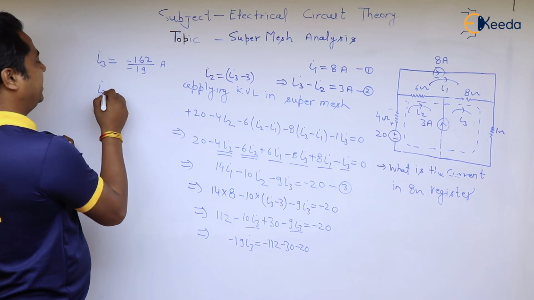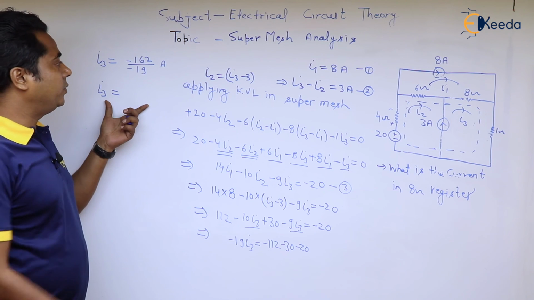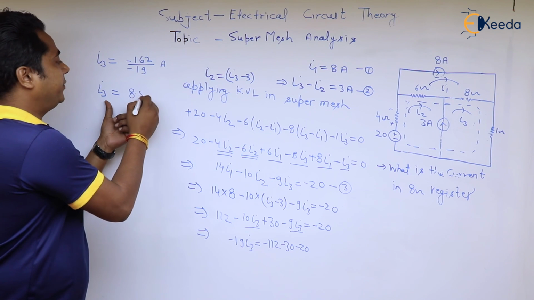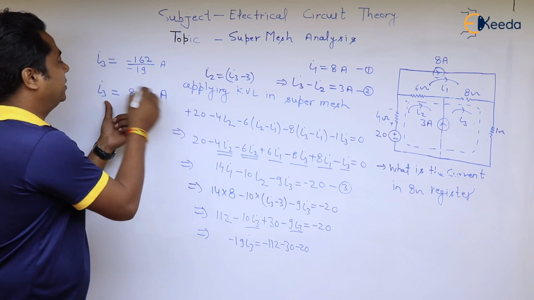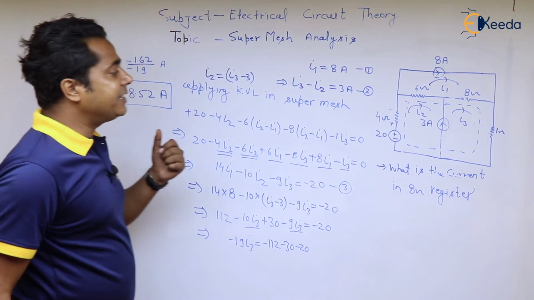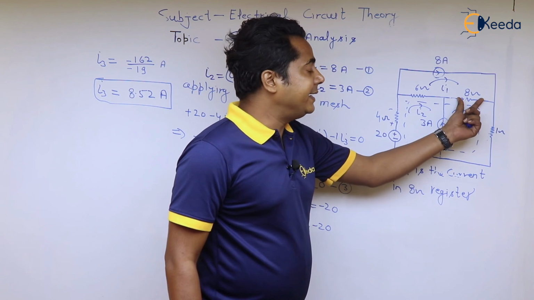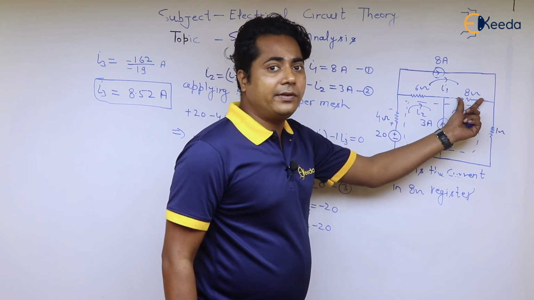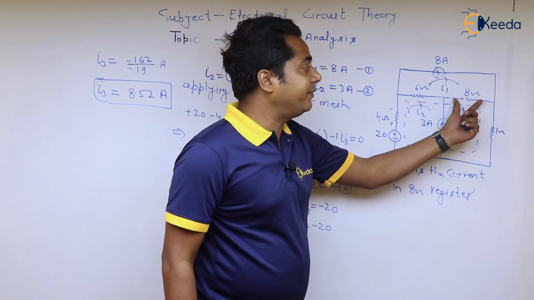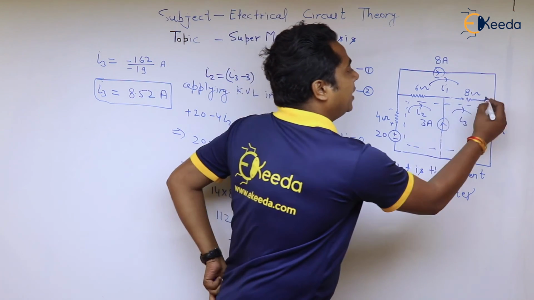So the value of I3 is equal to how much? The value of I3 is equal to 8.52 ampere. The question has been asked what will be the current in the 8 ohm resistor. It is not directly asked I1, I2 or I3. So we have to keep in mind the value of I1 is 8.